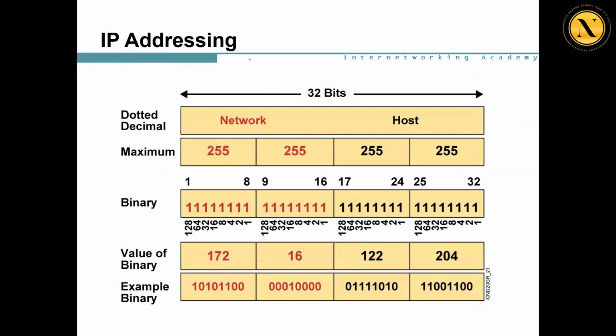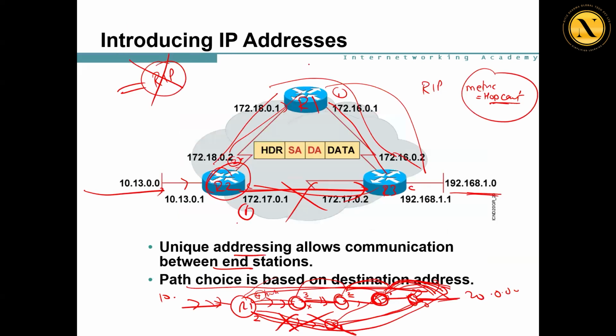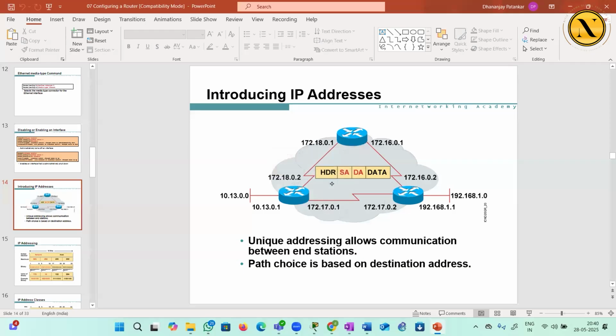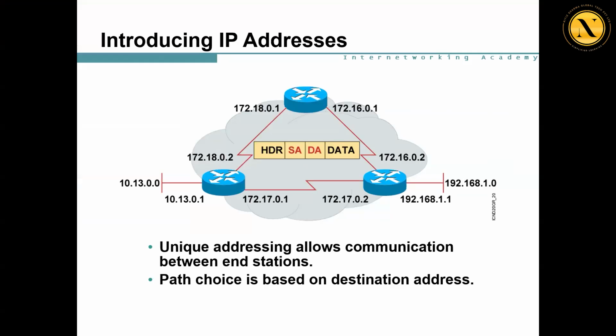Okay. So that's all routing, right? Don't worry. But we know what IP addressing is. Now tell me one thing, guys. This interface and this interface, are they in the same network? Is the IP address in the same network?